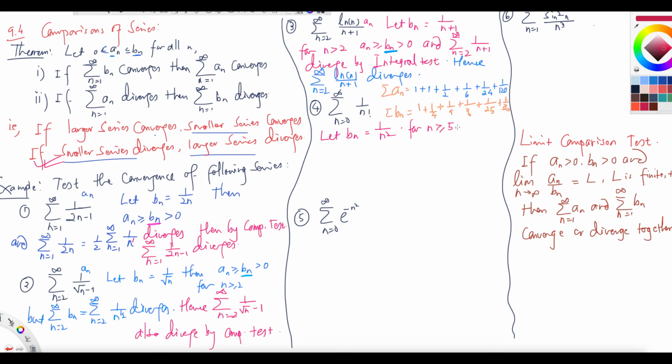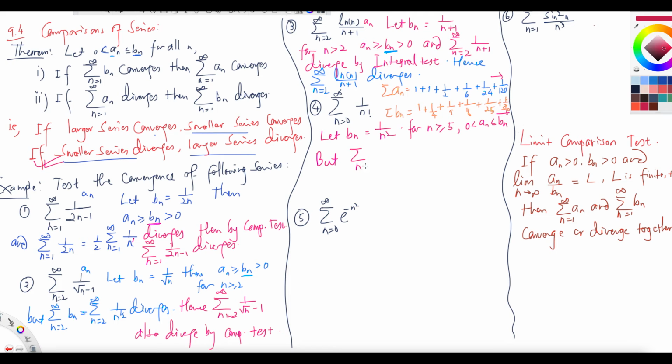So for n greater or equal to 5, after 1/24 and 1/25, the terms of an are smaller, right? You can write 0 is less than an is less or equal to bn after the fifth term. Now what happens?